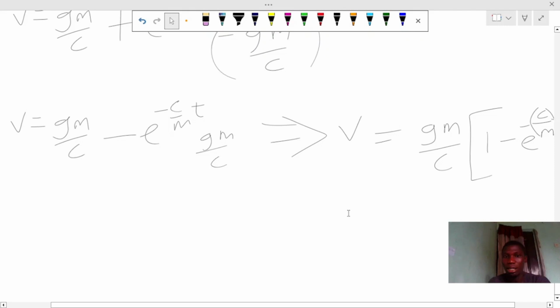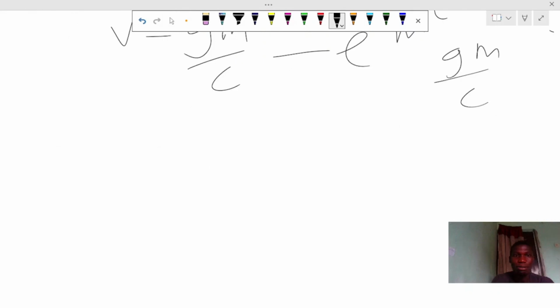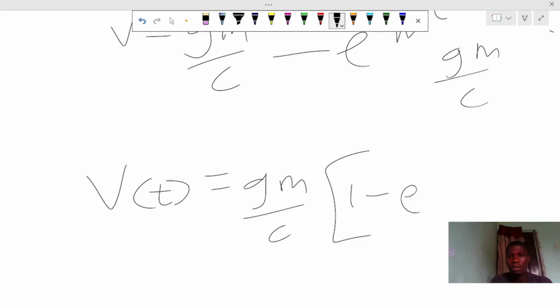Of course, v changes with respect to t. So instead of having v there, we can write it as v of t equals gm over c, times 1 minus e to the power negative c over m multiplied by t.